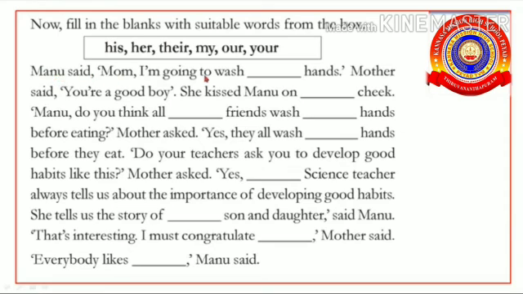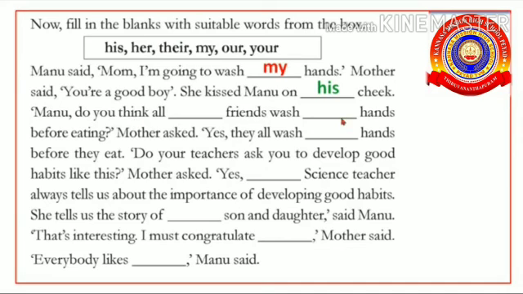Manu said, Mom, I'm going to wash my hands. Here, Manu is the subject. He says, I'm going to wash my hands. Then mother said, you are a good boy. She kissed Manu on his cheek.